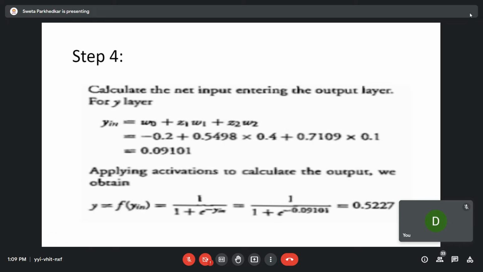Do this step 4. After completing, let me know.